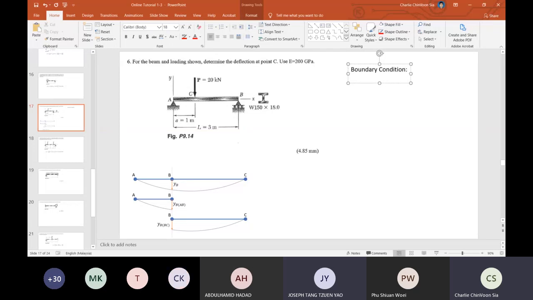First, we are able to determine the boundary condition from the support.